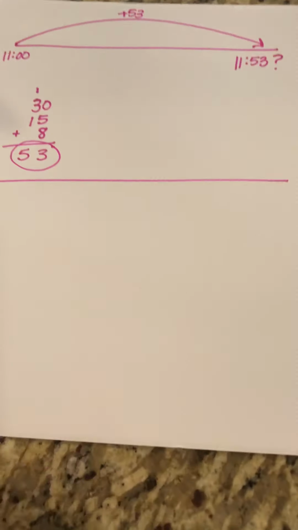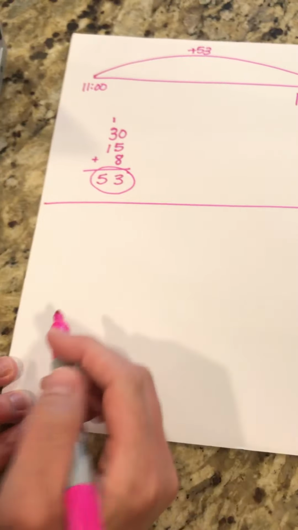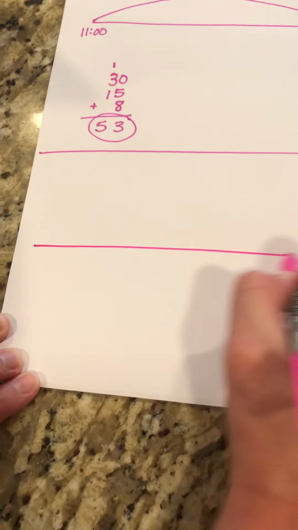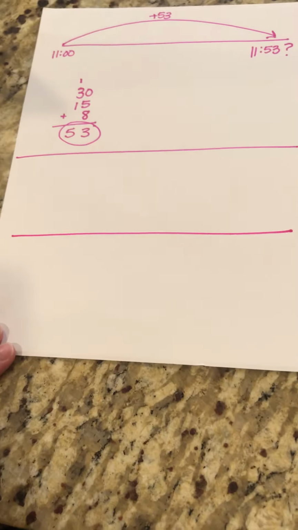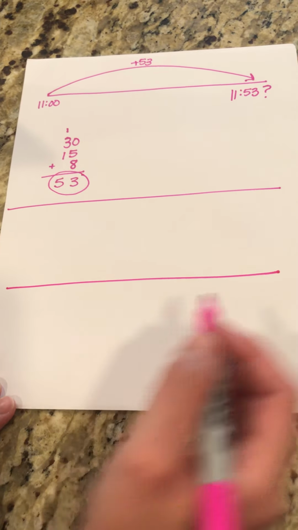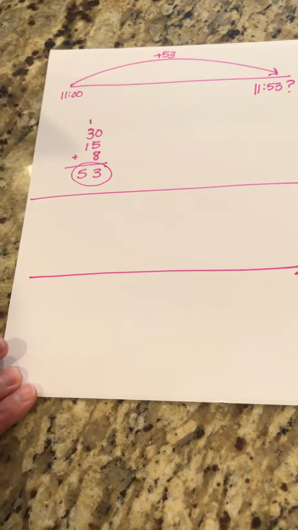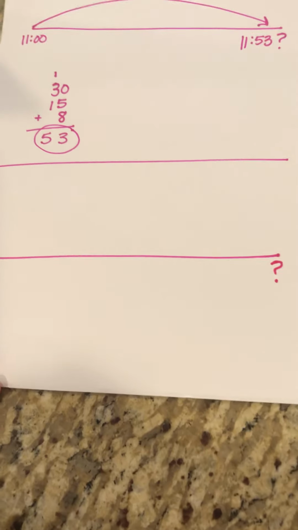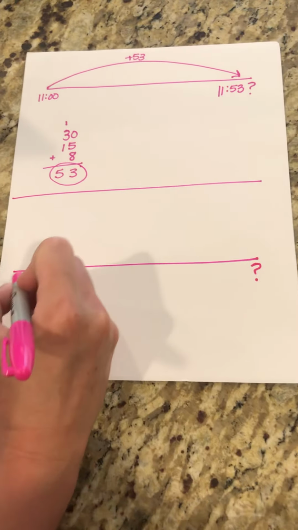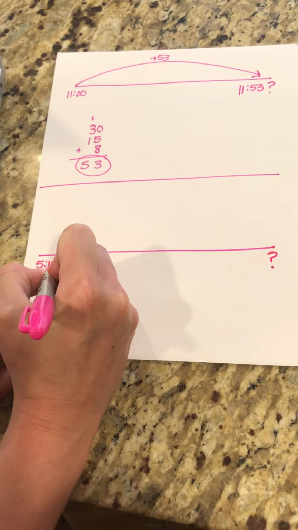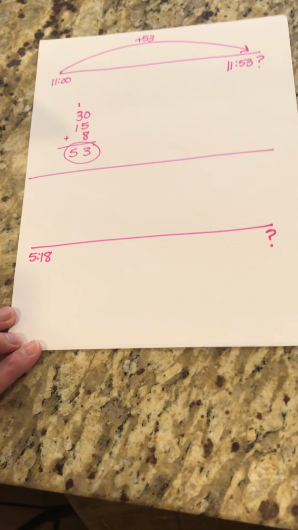So this was a line just to separate the problem. So here's my open number line, or my open timeline that I'm using to start. Again, I do not know the ending time, so I'm going to put my question mark there. And my beginning time is going to be over here at the front of my timeline, 5:18.